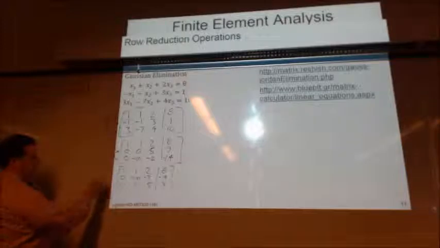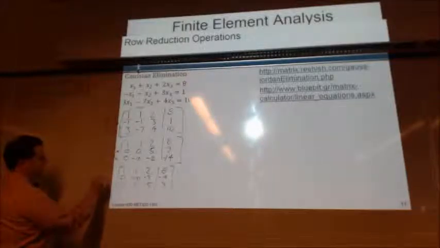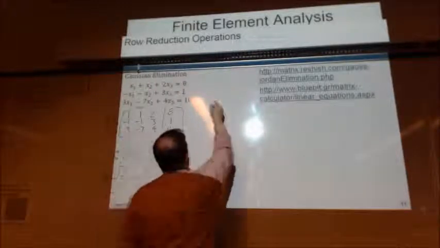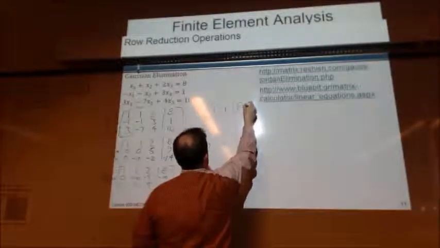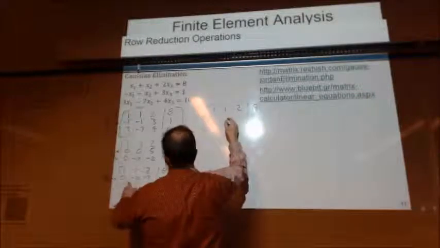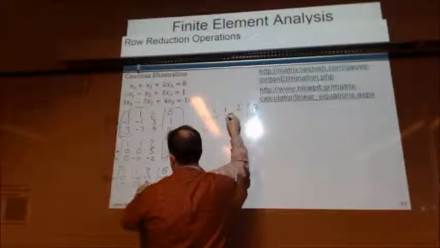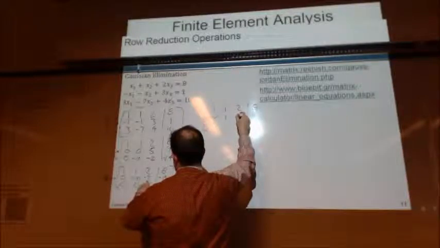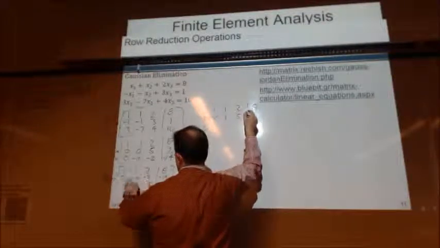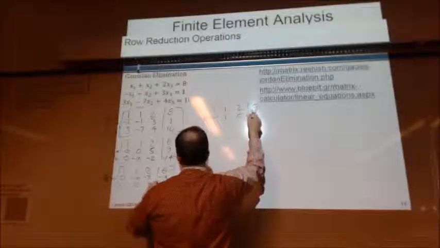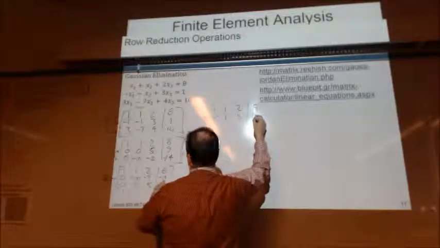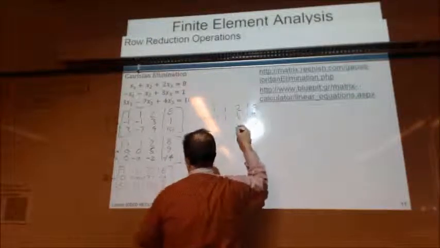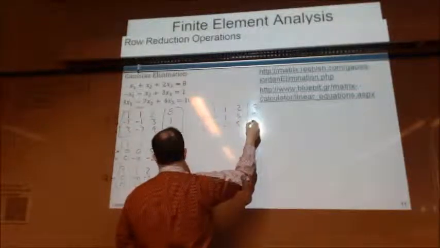So I want to make that a 1, so this is going to be a -1/10, right? So 1, 1, 2, 8. So this is a 0, this becomes a 1, this is going to become a 1/5, positive, and this will be 14 over 10, 0, 0, 5, and 9.